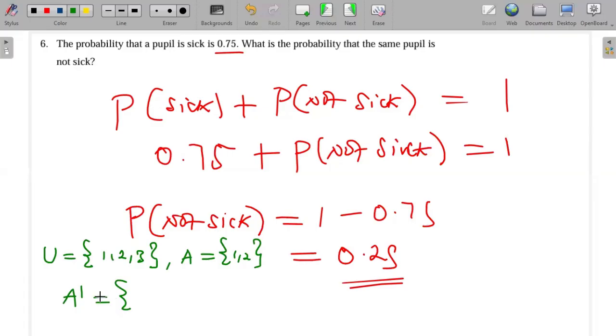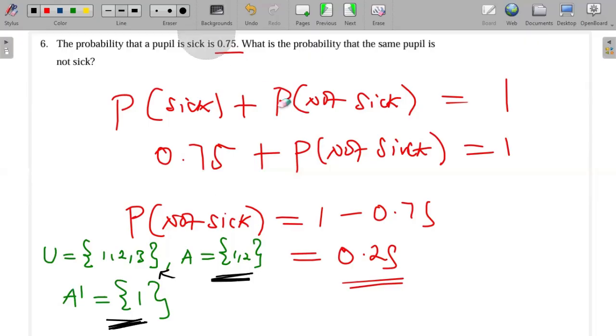The A complement will just contain all the elements that are not part of set A but are part of the universal set. So that will just be 3. That will be my A complement. So now you see that if I add my A complement and my A, I should get back my universal set.